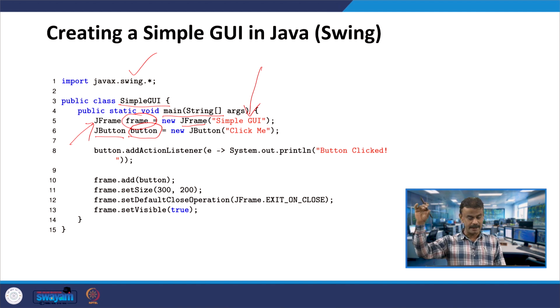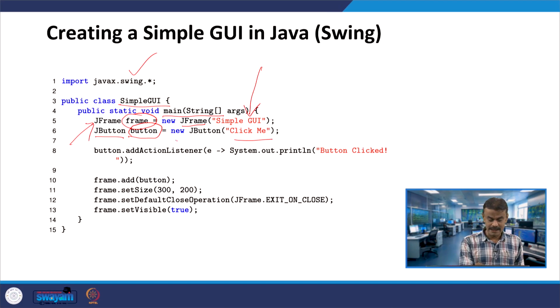I mean the title of the frame, you call it a frame, the frame is SimpleGUI, it will be printed. And similarly, in the case of the button, Click Me will be printed. On the right hand side you have the dynamic memory allocation and the constructor. The button says Click Me, and here you have this lambda expression.